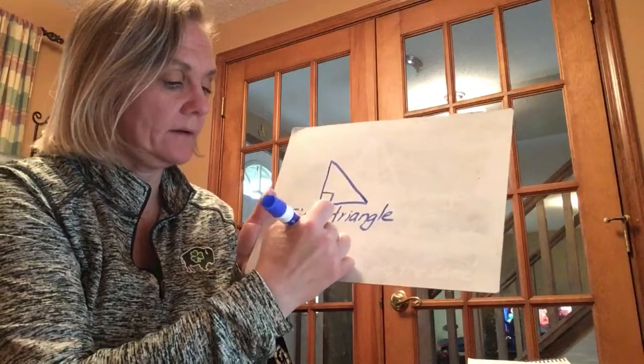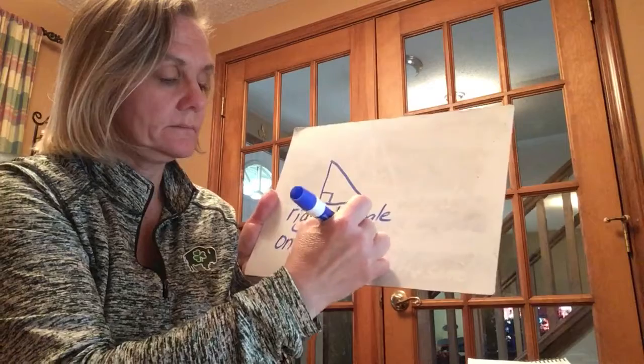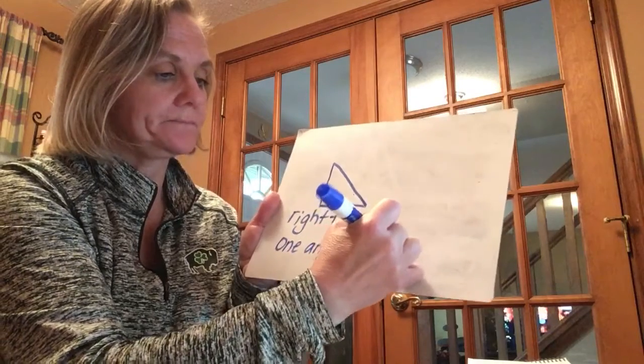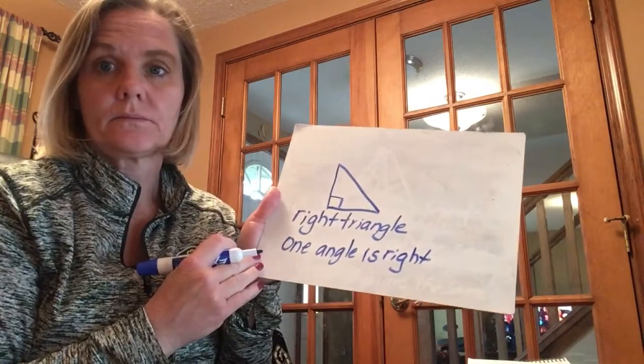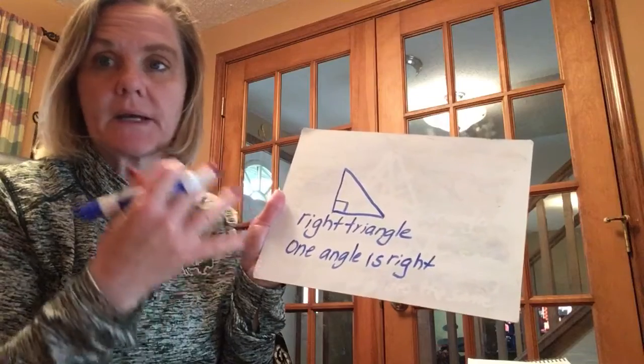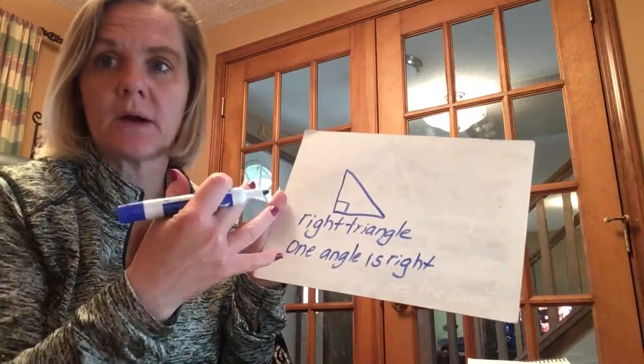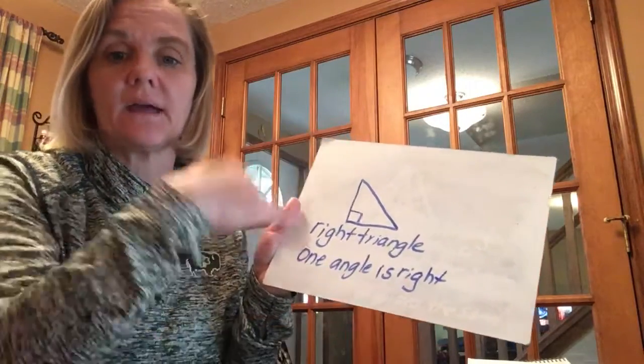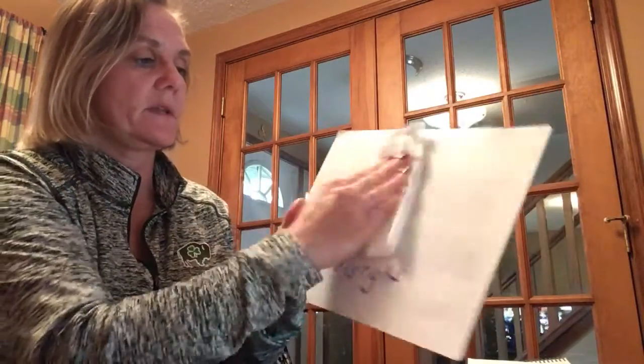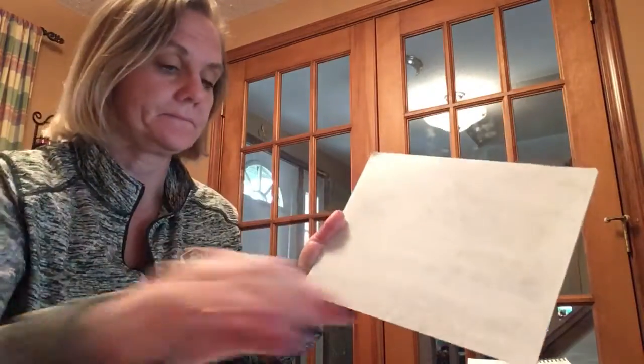So one angle is right. Just like our angles that we were talking about, now we're talking about triangles in the angles in the triangles. So that's how you can classify them as well.